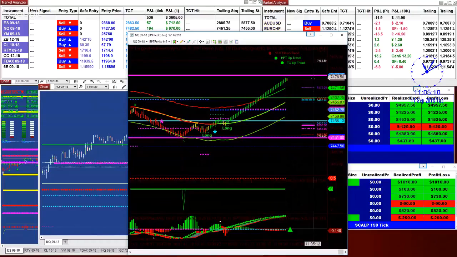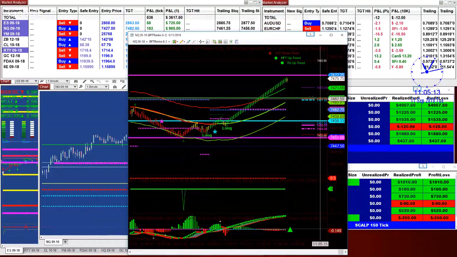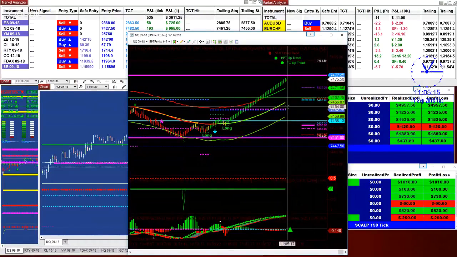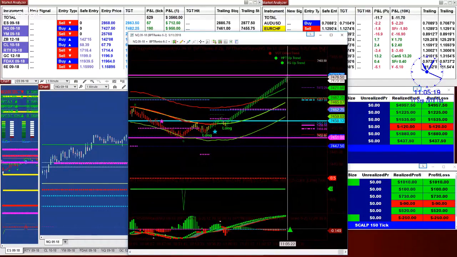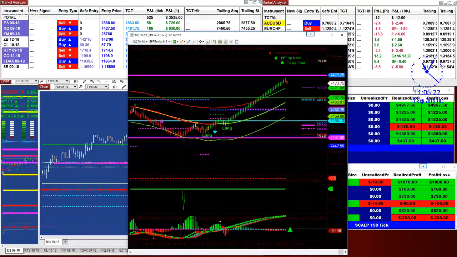If we have a pullback on that NASDAQ, it will be to the mid band all the way to the 64. So this is a reversal area because it's out of the band in conjunction.